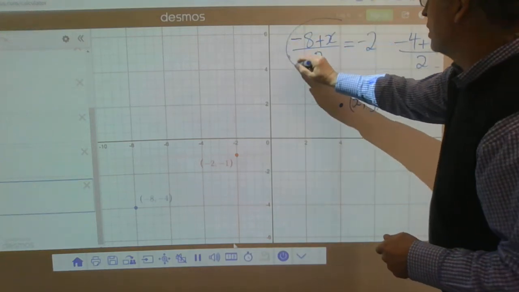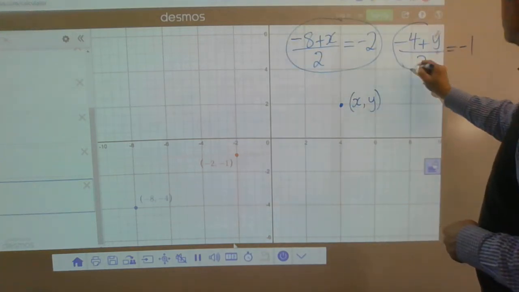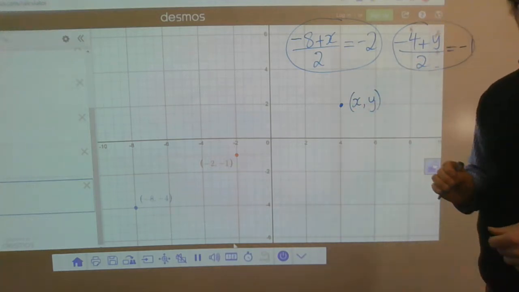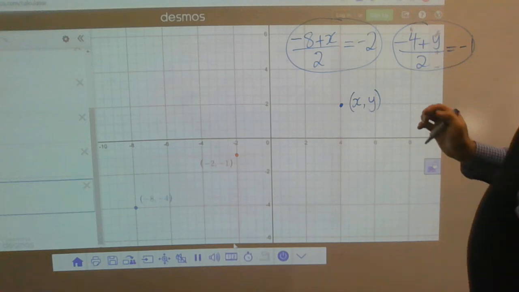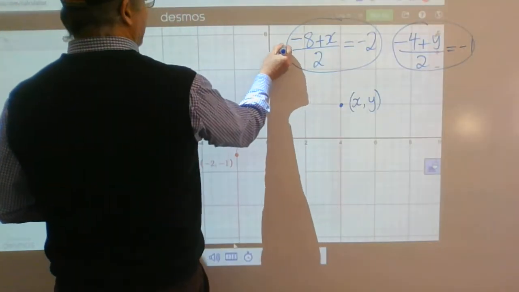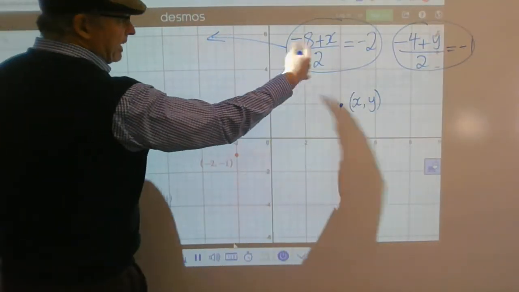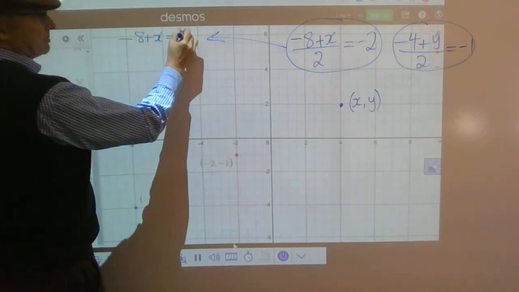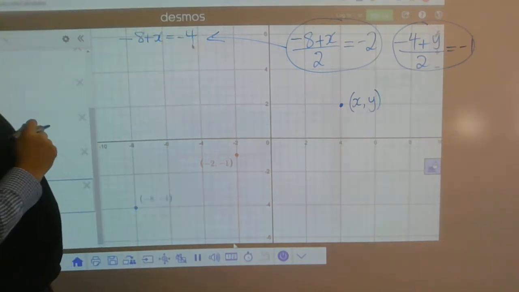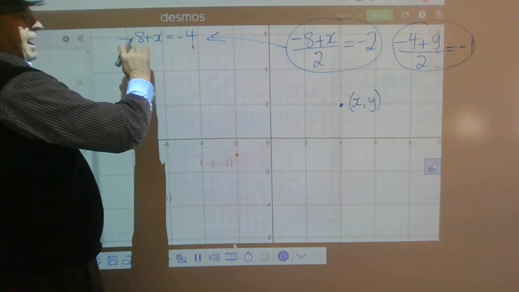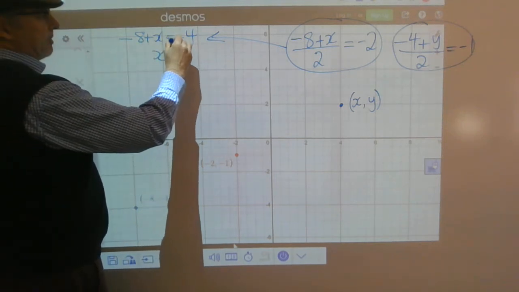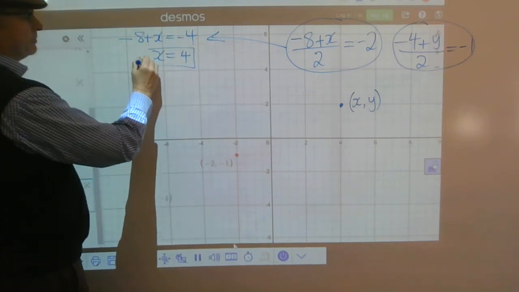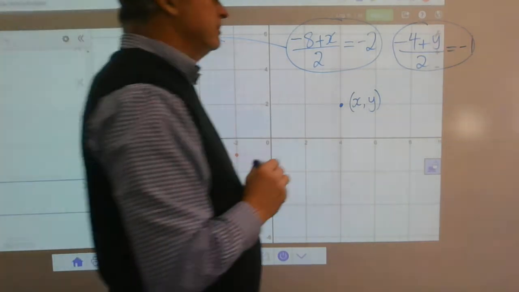So if I just solve each of those, I can figure out what this x is and what this y is. All right, so I'll solve this one over here. I'll double everything. So I've got -8 plus x equals -4. And then I'm going to add 8 onto both sides. So -4 plus 8 is 4. So x is 4.